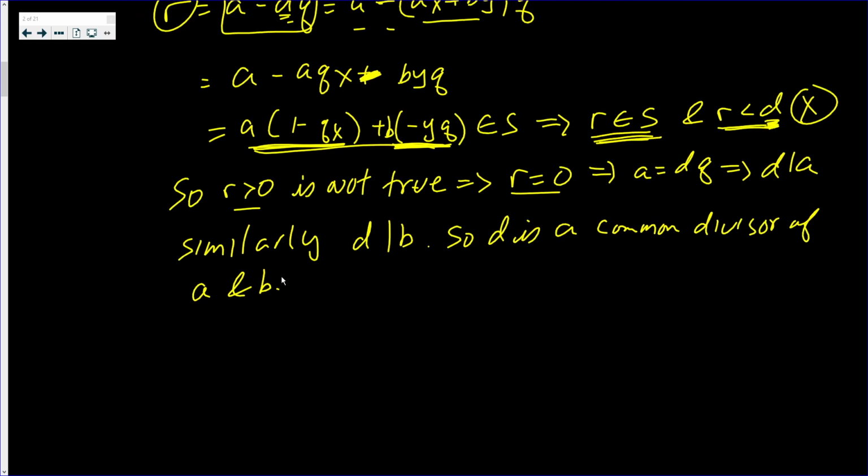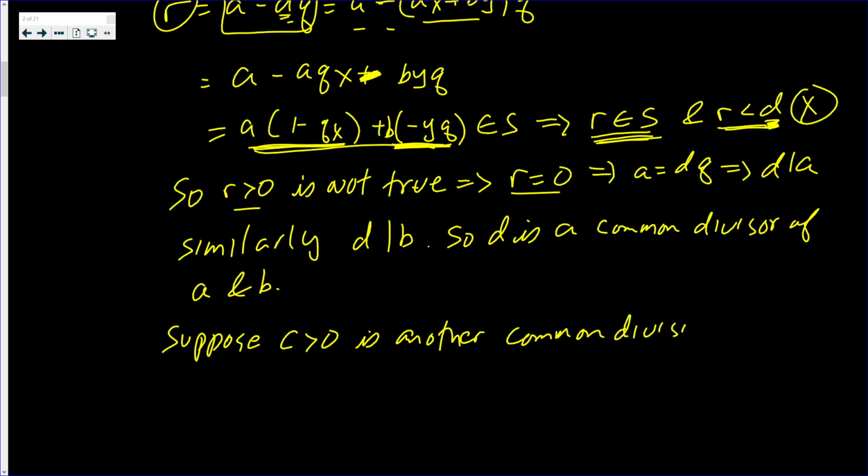Now I need to show it's the greatest one. So we pick another common divisor of A and B, and we show D is greater than or equal to it. Suppose C greater than 0 is another common divisor of A and B.